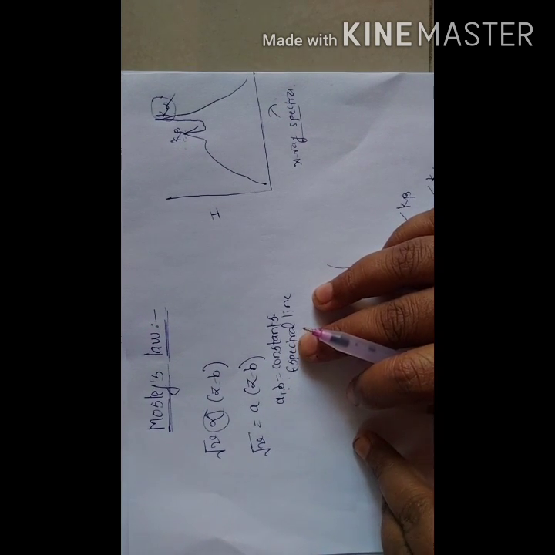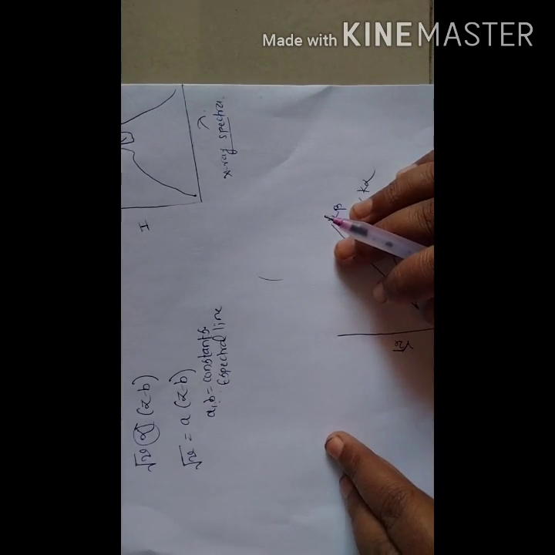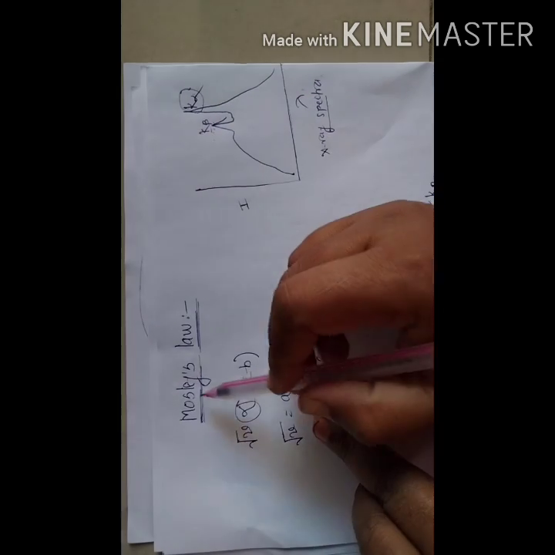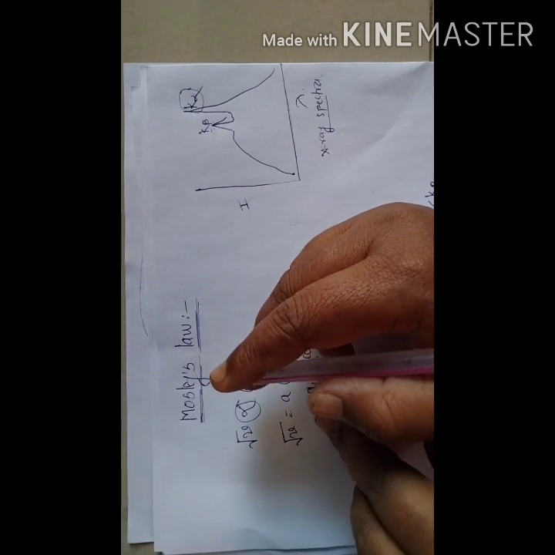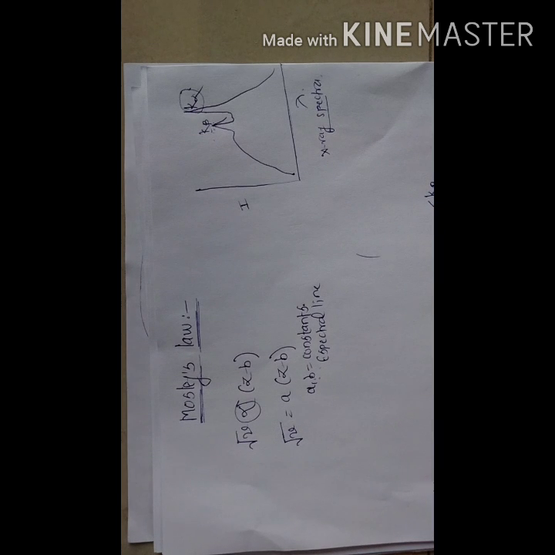Suppose the scientist Moseley studied more than 35 elements, which had high atomic numbers.